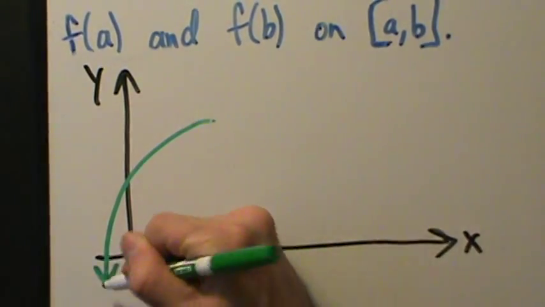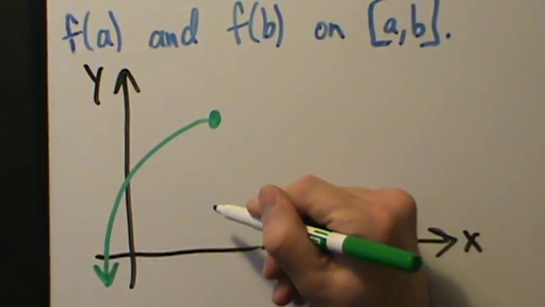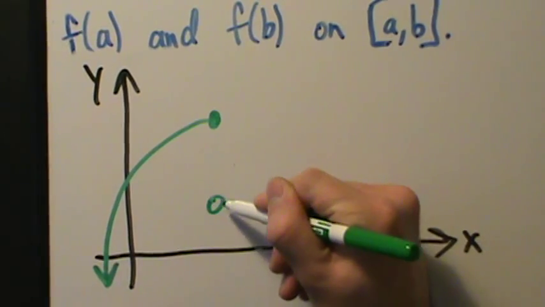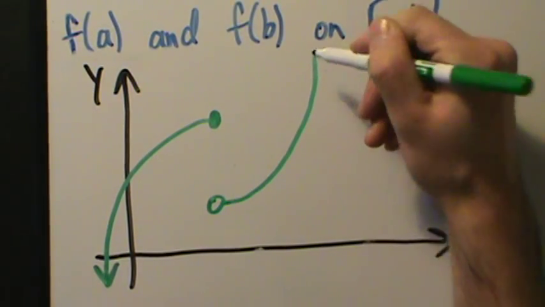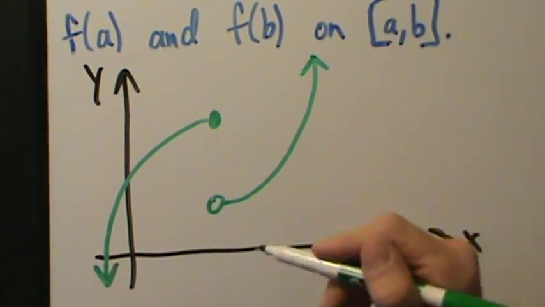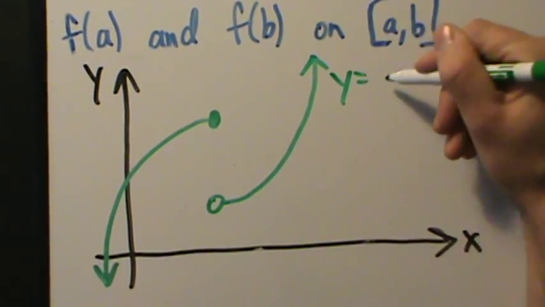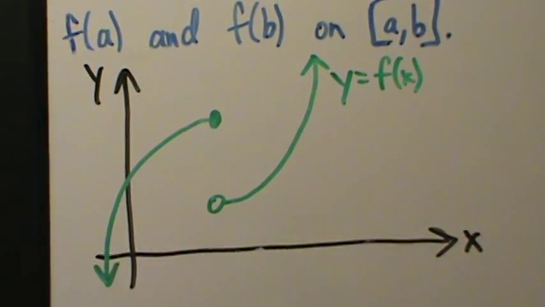So we'll do something like this again. But now let's do this. So we'll open this up this way. Okay, so this is going to be y equals f of x. Let me extend this a little bit actually. Sorry about that.